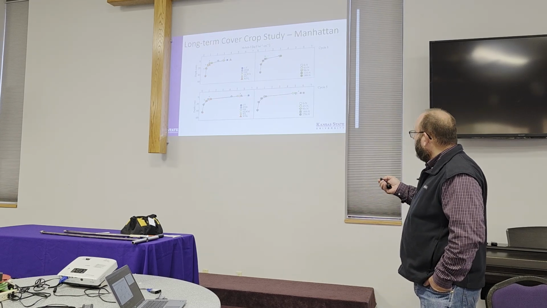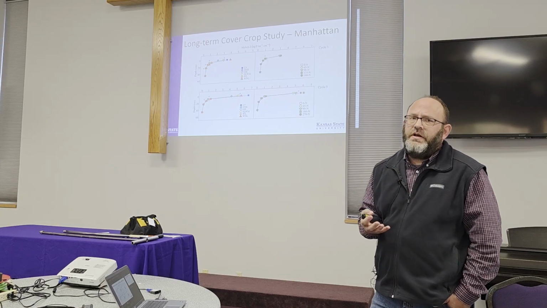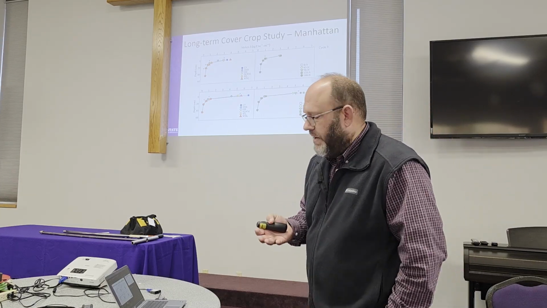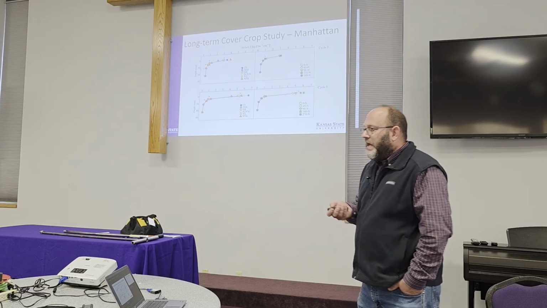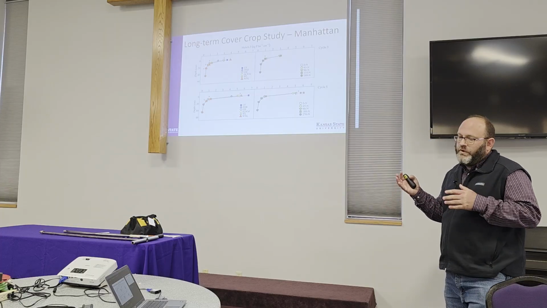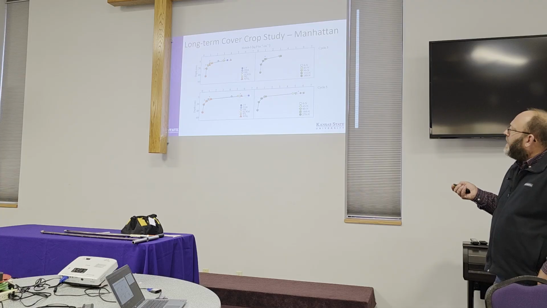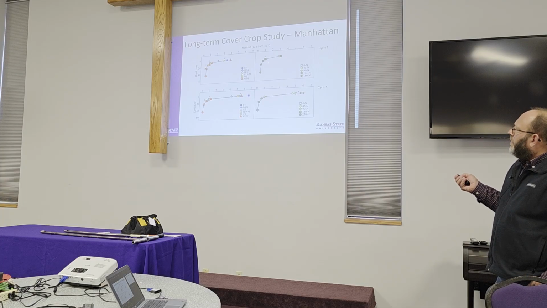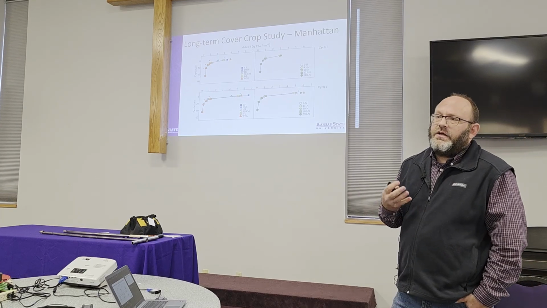And we saw this in the long-term cover crop study at Manhattan. So I think there's pretty strong evidence of pH or phosphorus stratification as well. It makes me wonder, if we've got that pH stratification at that same depth, when our crop is germinating and in early growth and development, we're not necessarily in an ideal condition.